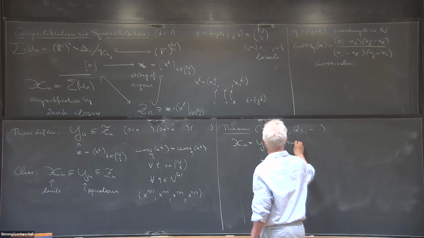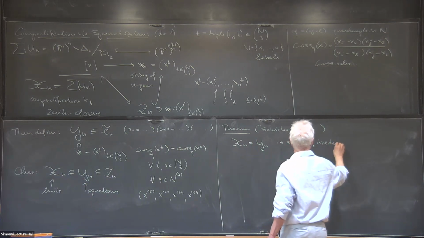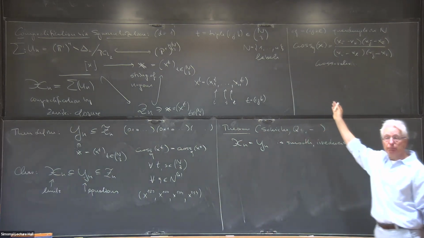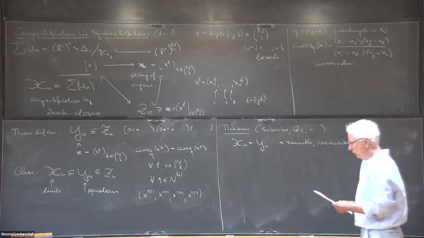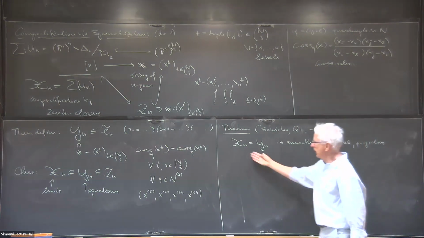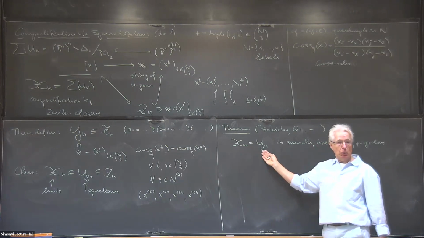Smooth, irreducible. So you have all the properties you have for M0,n bar. Smooth, projective. So you have a description as a Zariski-closure and also by equations.